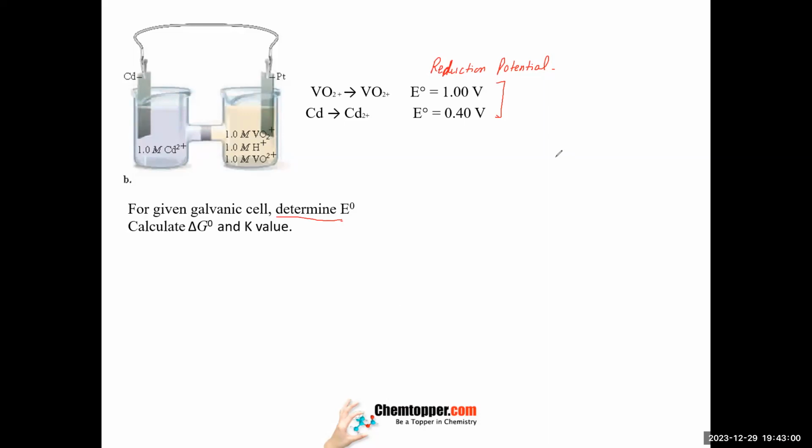Yes, anode is oxidation, cathode is reduction. Now look at their reduction potential values and identify which one would like to undergo reduction. One will undergo reduction, other definitely oxidation. So which one? Look at the values. Who has higher reduction potential? This one. So this reaction is reduction.